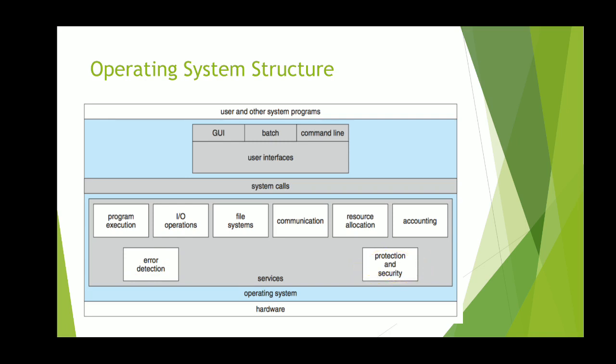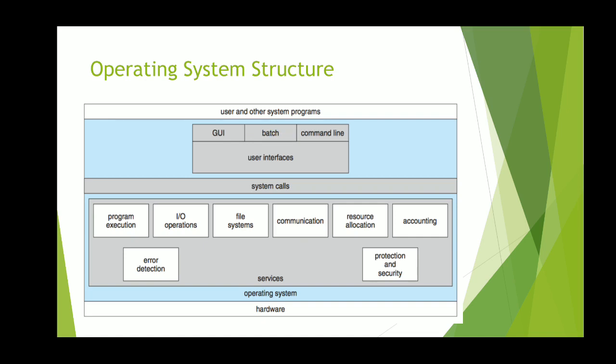And this operating system interacts with the user application using a GUI or command line interface. So it also has a user interface, which includes the graphical user interface and command line interface, and it also supports jobs which can be run at another time using batch jobs or a batch system.